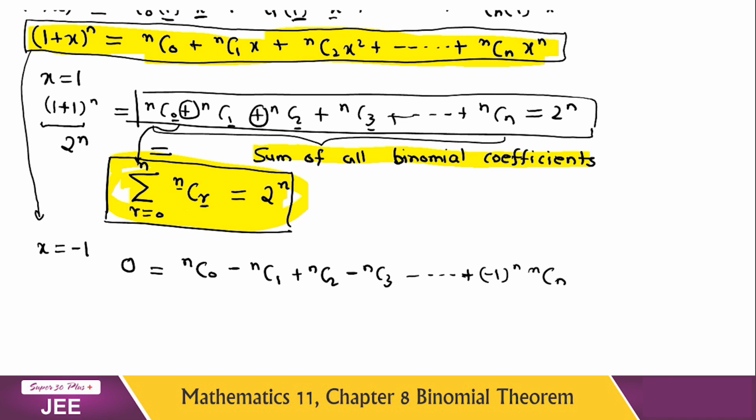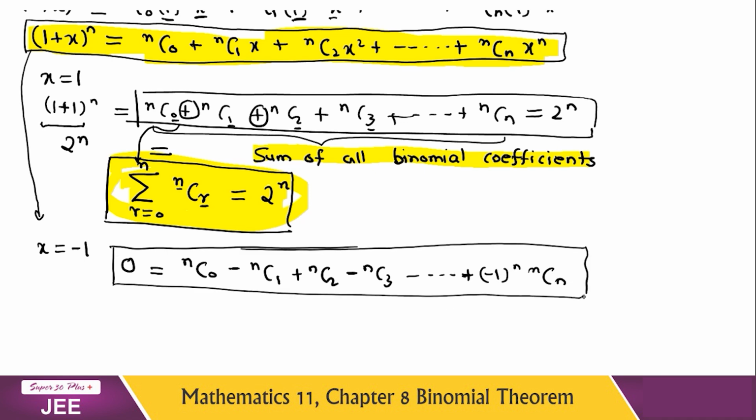So you can memorize that nC0 - nC1 + nC2 - and so on: if binomial coefficients are written down with alternating plus minus signs, then their sum comes out to be 0 if all the binomial coefficients are included. Alright, so in (1 + x)^n only, when we have substituted x equal to 1, we get the summation as 2^n. When we substituted x equal to -1, we get the result equal to 0.